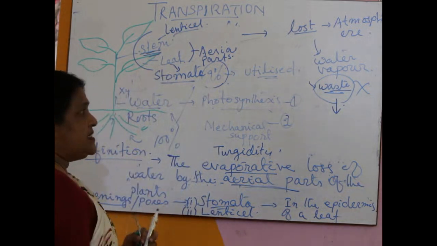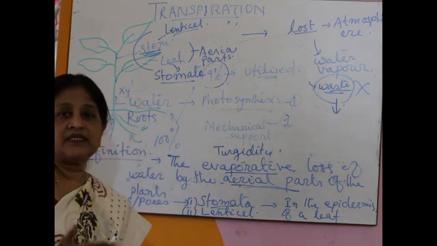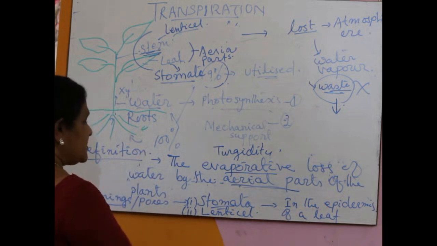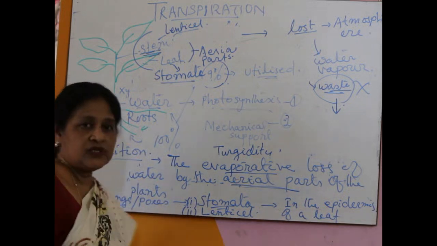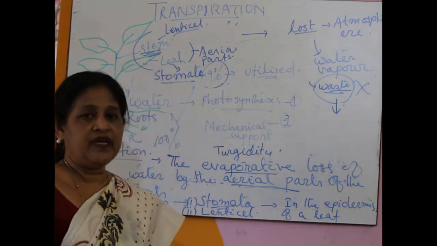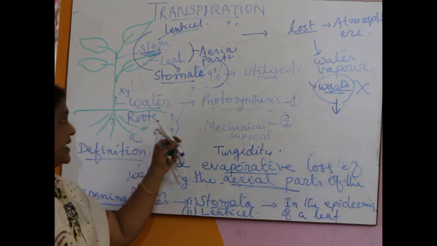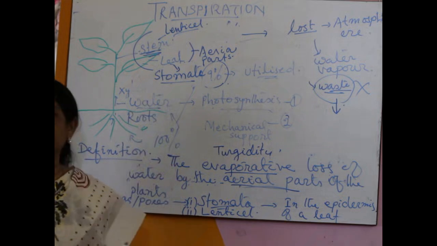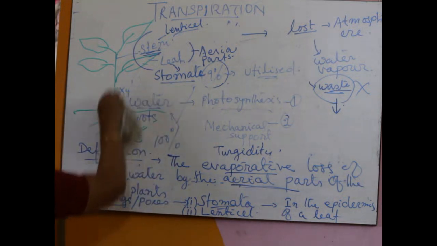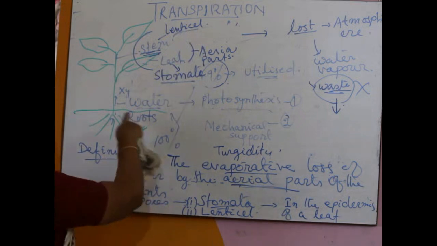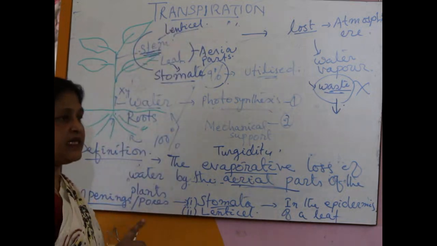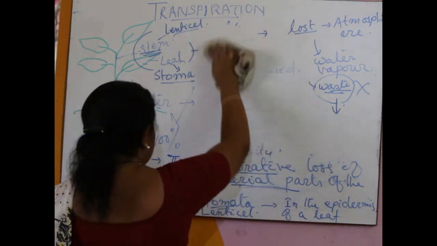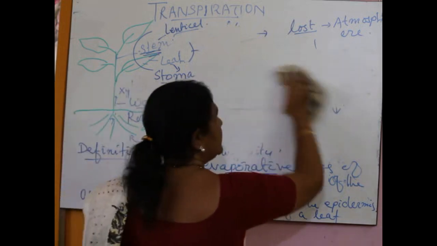Now as I said, I will tell you why this process, this phenomenon, is so very important to the plants. Its significance to the plant is that it is very, very essential that the water that is taken up is lost, and this is a continuous process. Like I said, it is a physiological process. Okay. Now the definitions and the openings, I suppose you must have written down.